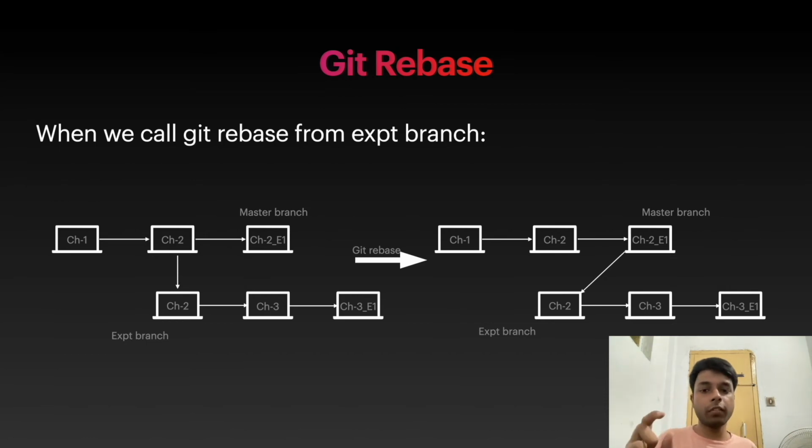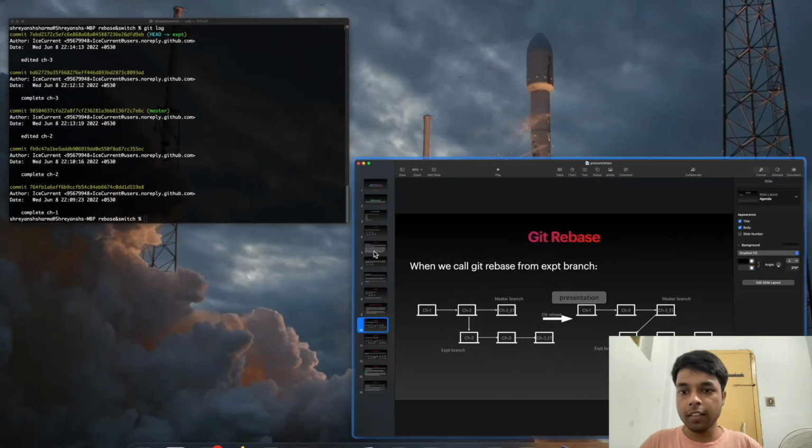So when we call git rebase from the experimental branch, then the base, that was chapter 2, was shifted to chapter 2 edit 1, and that's what we see. Now the experimental branch is ch1, ch2, ch2e1, ch3 and this ch3e1. That's what we have just seen.